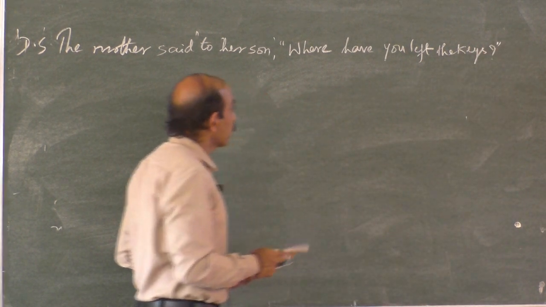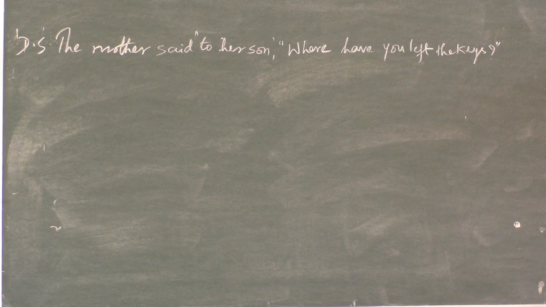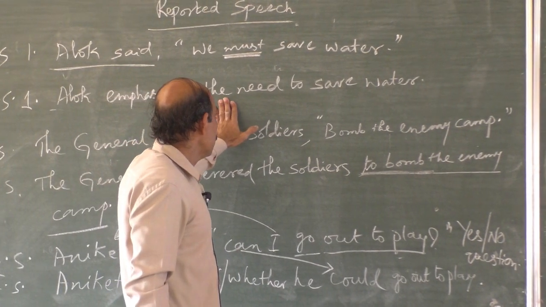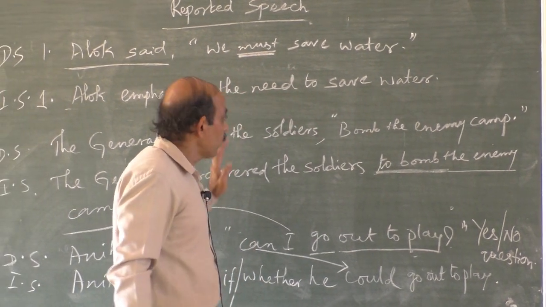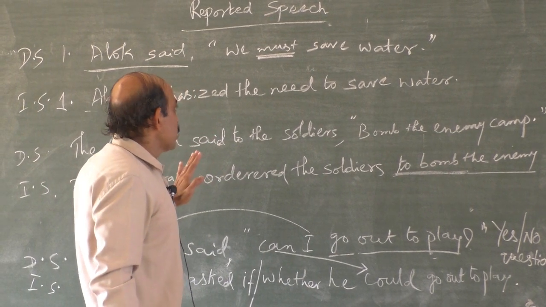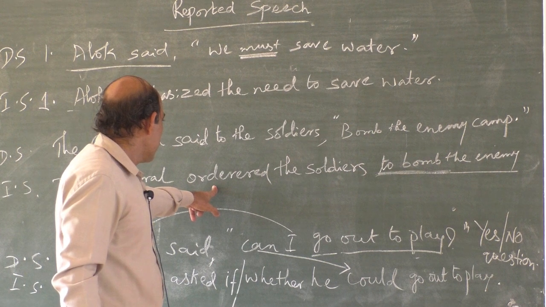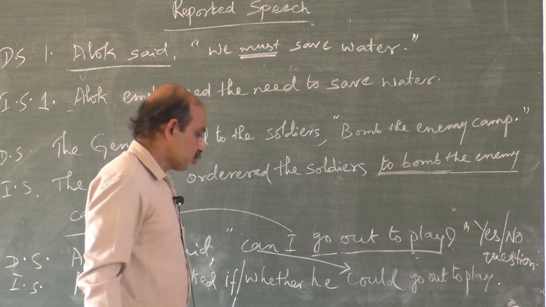So remember the tense once again, the tense part which I have been stressing again and again, because can, could, present to past. Here we must save the water, where emphasized past is available, and this part, the need to save water, that is a very common universal fact. Here ordered is available to say that it is in the past. Here could is available to make it past.